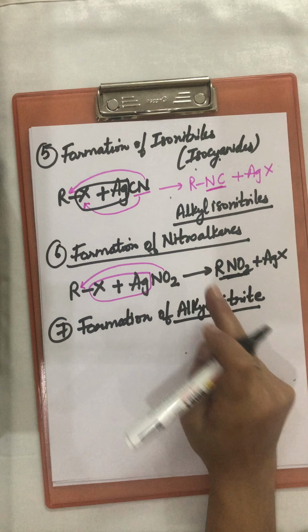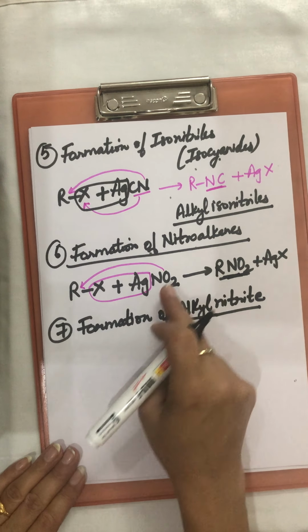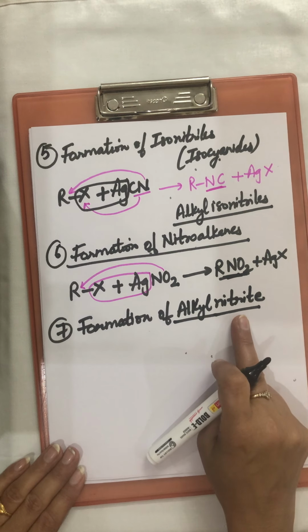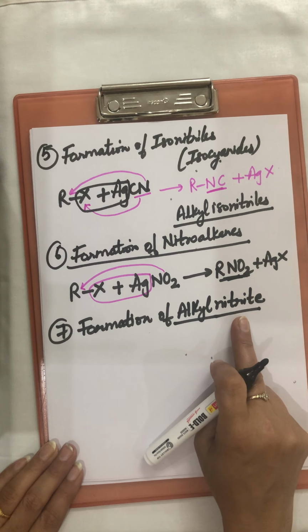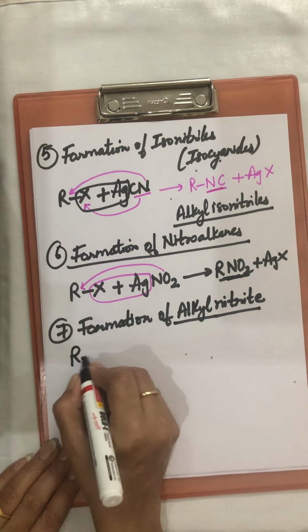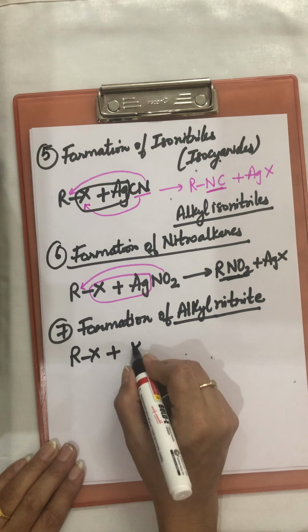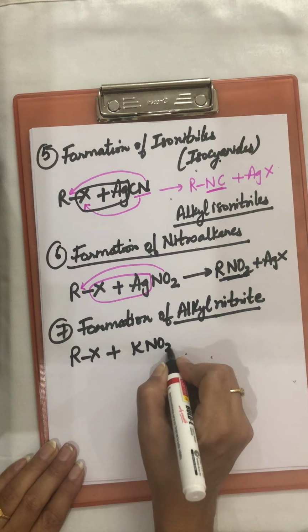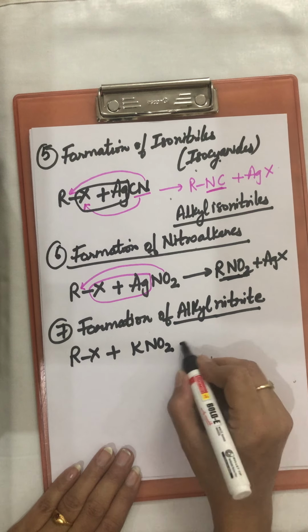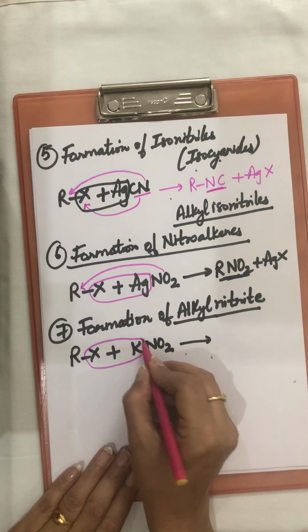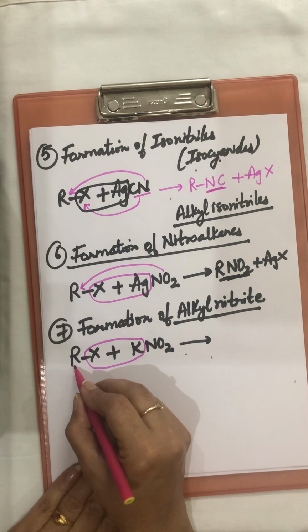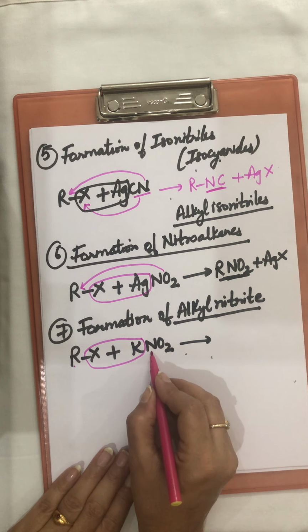Difference in nitro and nitrite is nitro is NO2, nitrite is ONO. So to get alkyl nitrite, haloalkanes are reacted with potassium nitrite or sodium nitrite. So now this KX comes out and this is attacking this alkyl, but it's not N attacking this.